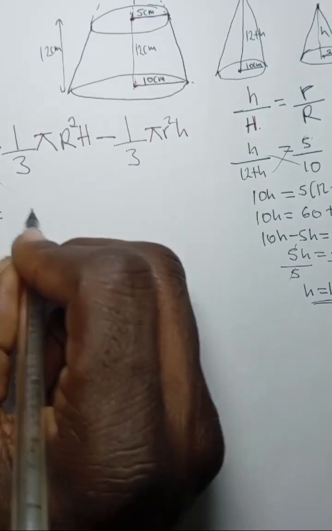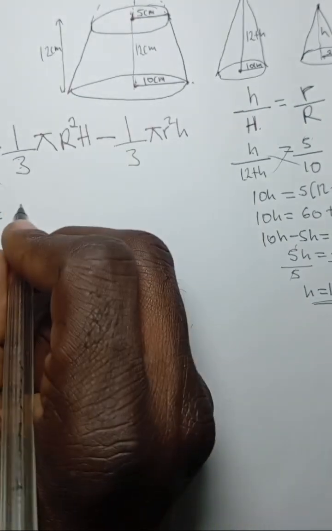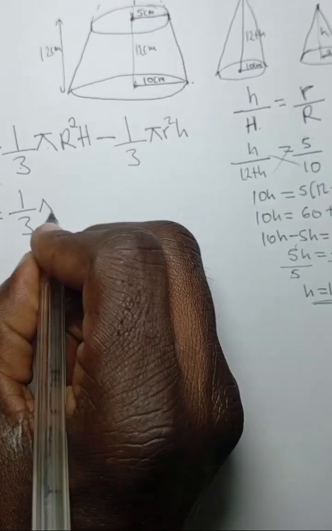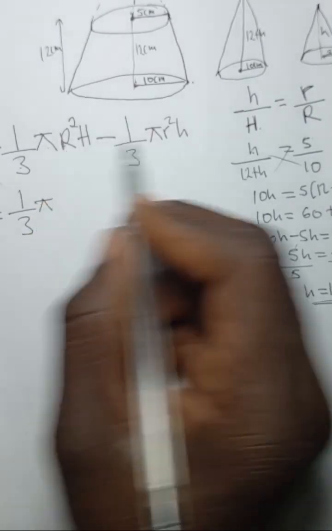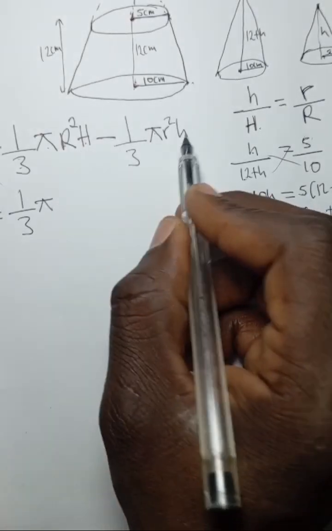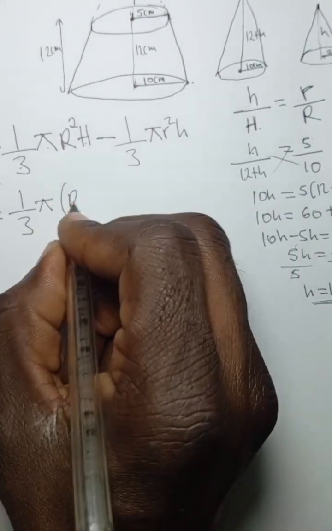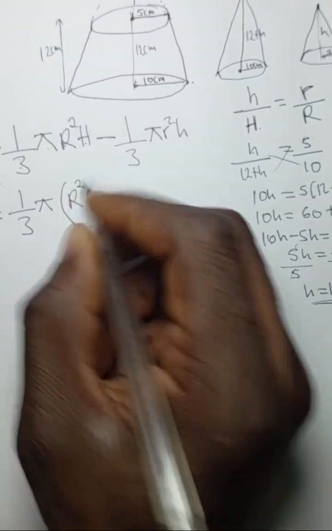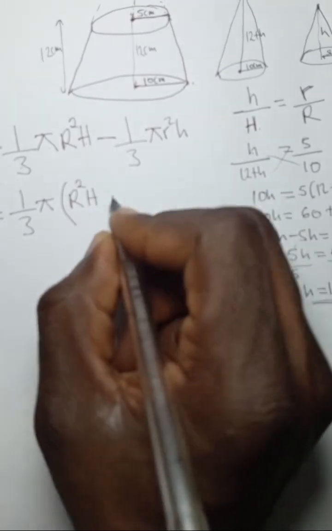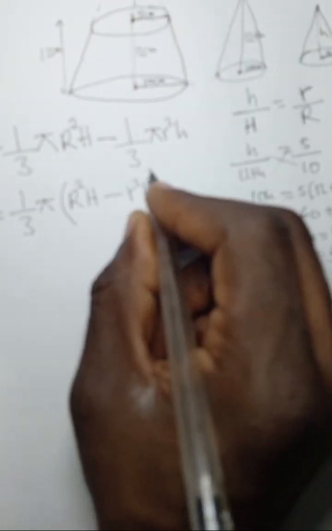Volume is equal to 1/3 pi, which is common. The radius, capital R and small r, is not common, and capital H and small h are not common. So we write what is remaining: R squared H minus r squared h.